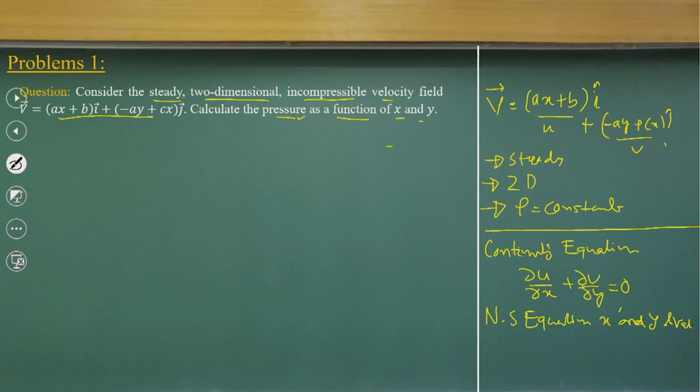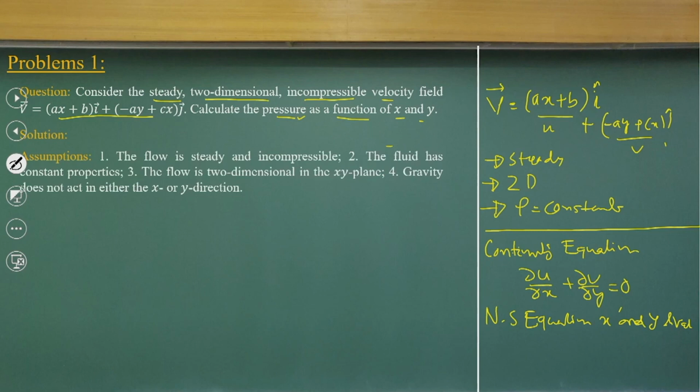We will use the continuity equation to confirm whether the velocity field given, as functions of x and y, satisfies it or not. The flow is steady, incompressible and two dimensional, and gravity does not act in either the x or y direction. That is another assumption we have made, neglecting the gravity components.